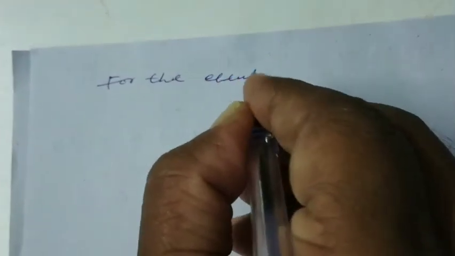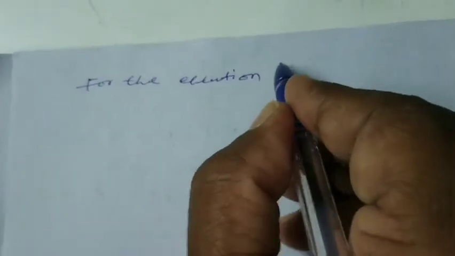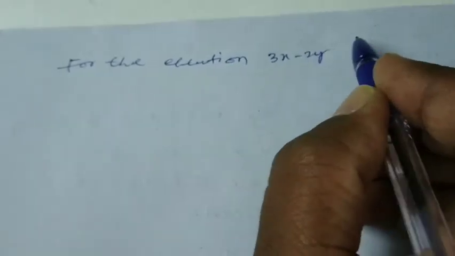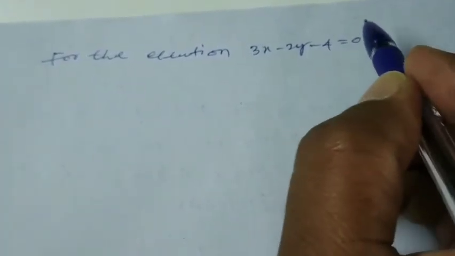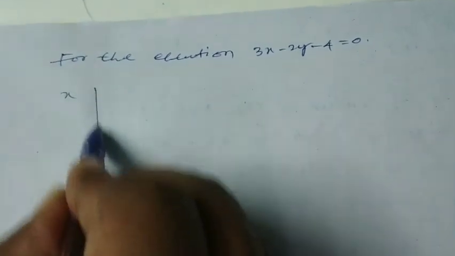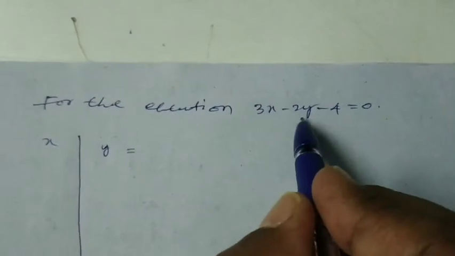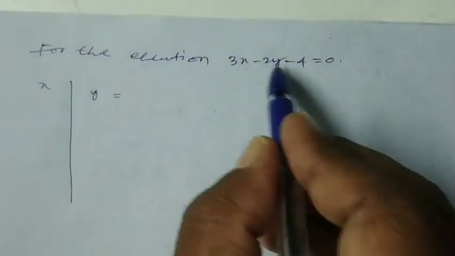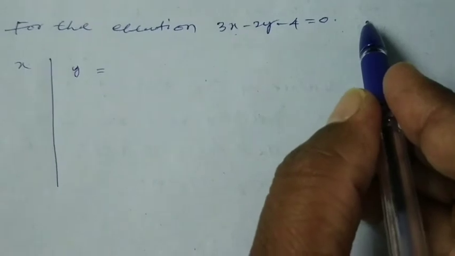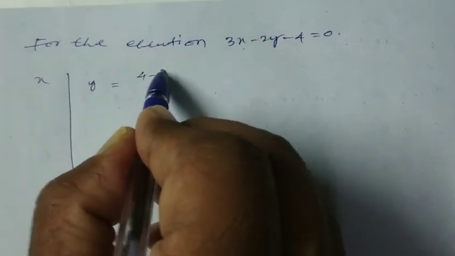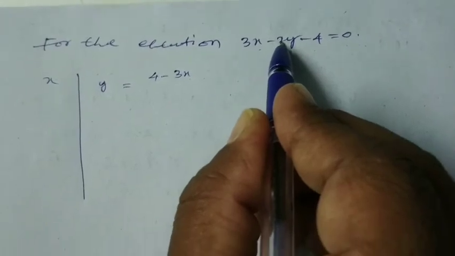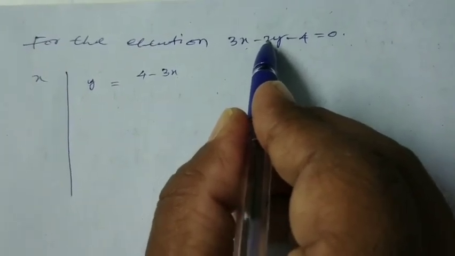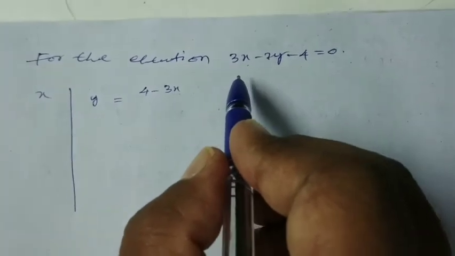Like this we have to get the second equation points also. For the second equation, 3x minus 2y minus 4 equals 0, we write y as the subject.